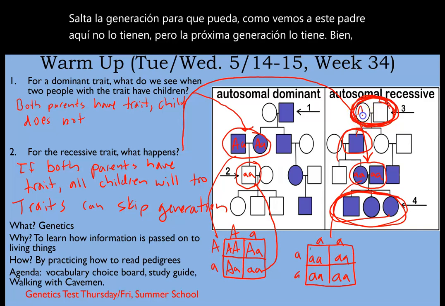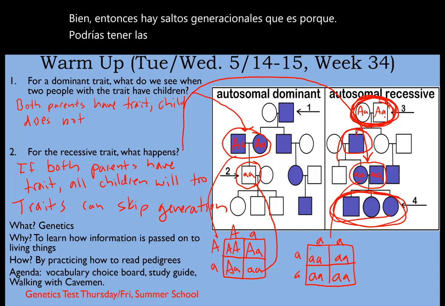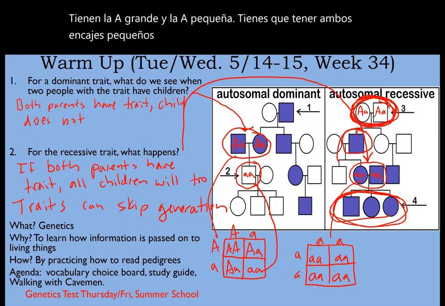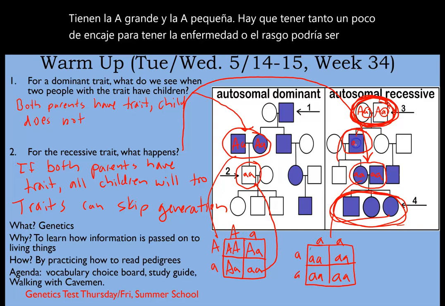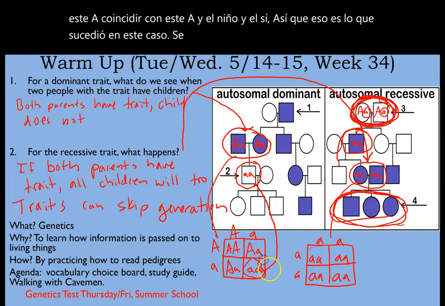That's because you could have both parents be heterozygous, right? They have the big A and the small a. You have to have both little a's to have the disease or the trait. Could this A match up with this A in the child? Yeah. So that's what happened in this case. It looks very similar to right here. That would be that child right there.